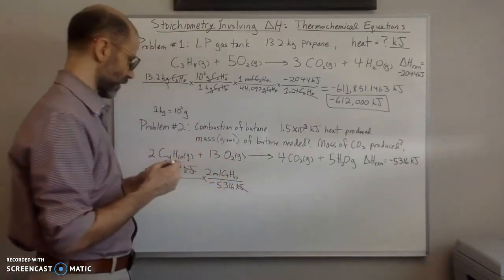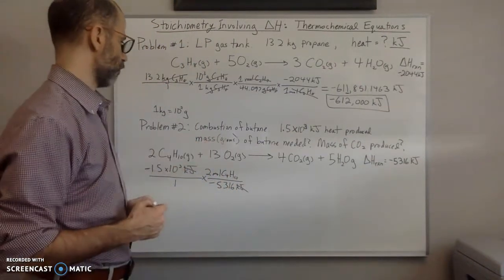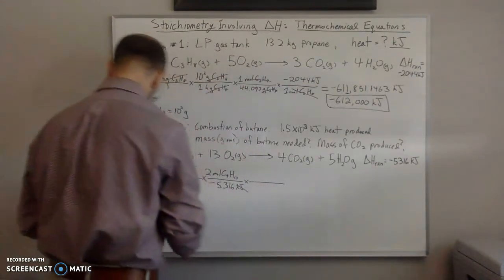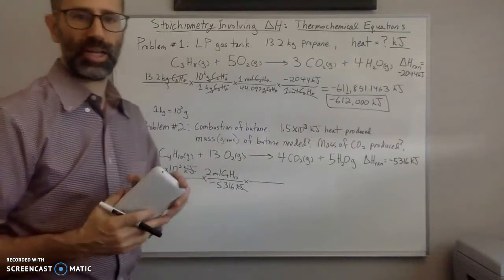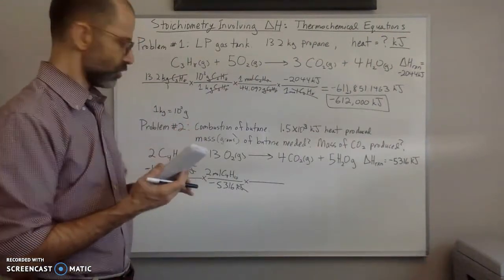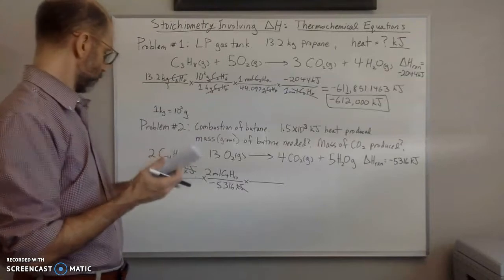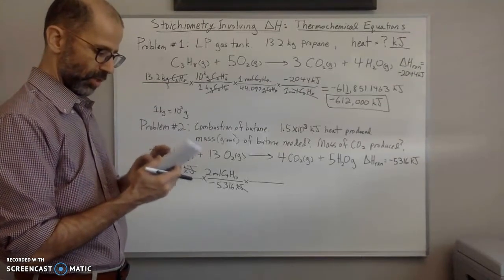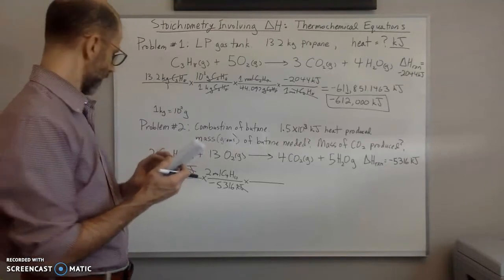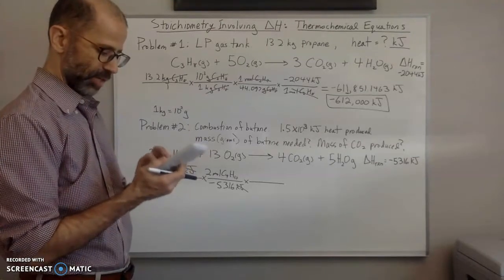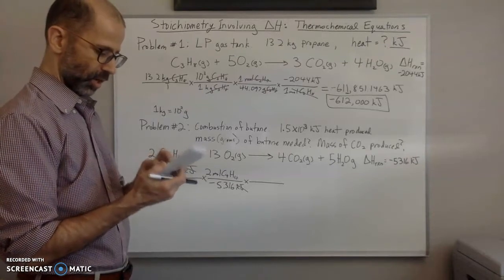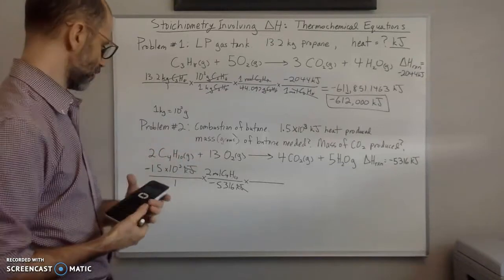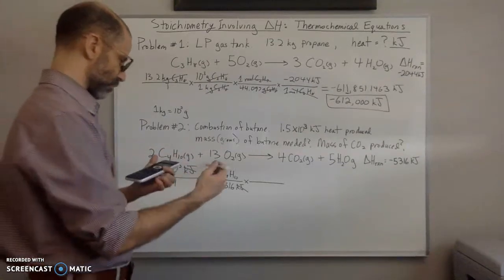Now I have moles of butane, and so now I can convert that to grams using the molar mass. The molar mass of butane can be calculated fairly quickly. I have 4 carbons, so 4 times 12.011, plus I have 10 hydrogens, so 10 times 1.008, equals 58.124.